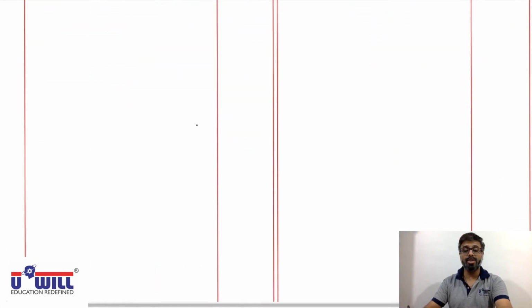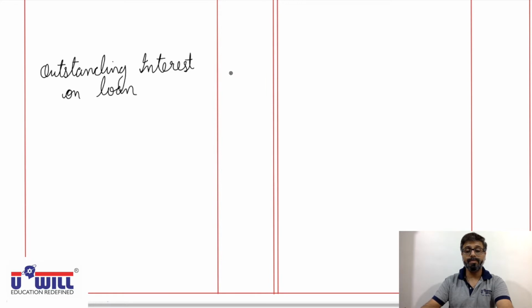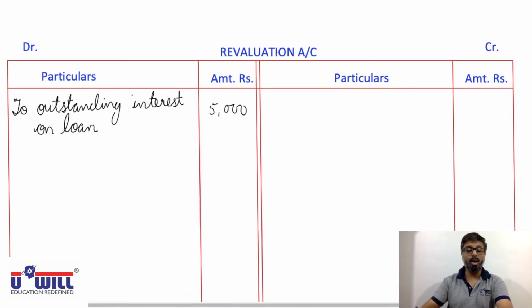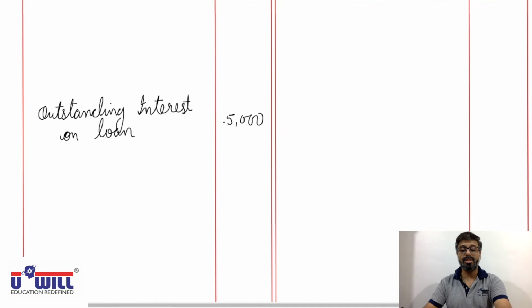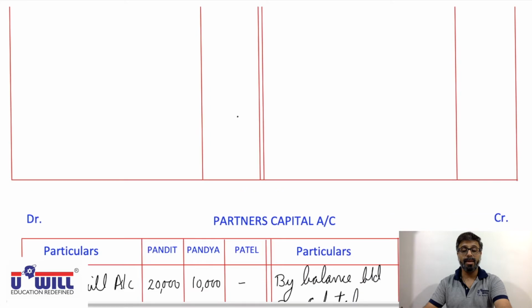And outstanding interest on loan will come on the liabilities side: outstanding interest on loan 5,000. Okay, I repeat it again. In revaluation on the debit side, opposite account, to outstanding interest on loan 5,000. Outstanding interest on loan will come on the liabilities side, 5,000. Next adjustment.